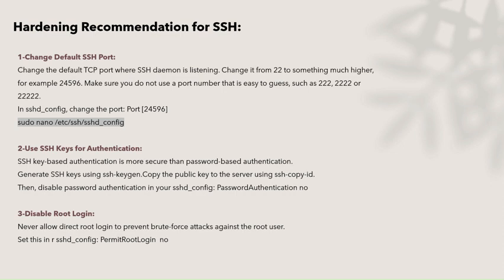Make sure you do not use a port number that is very easy to guess, such as 2222 or similar. You can type sudo nano /etc/ssh/sshd_config to manage the config file. The port number is in the config file.